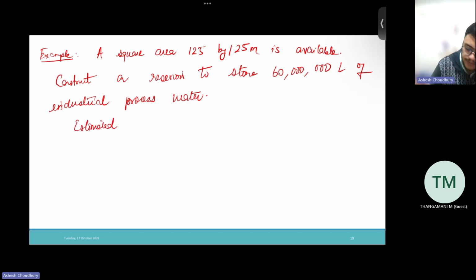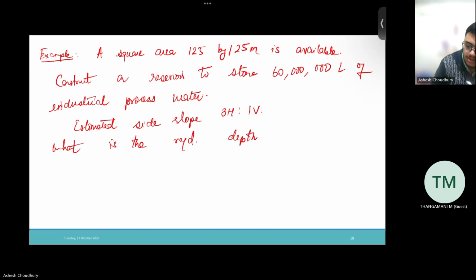Estimated site slope is 3 horizontal to 1. What is the required depth? Okay, required average depth. We need to find out the depth.